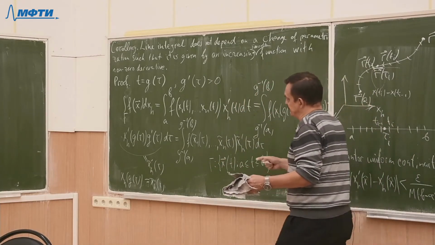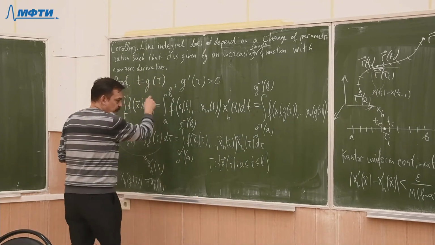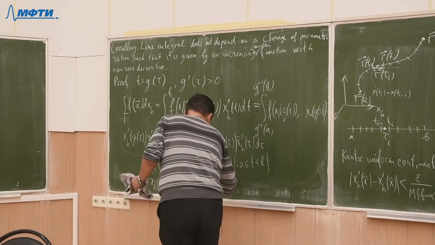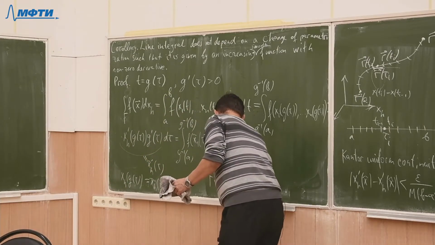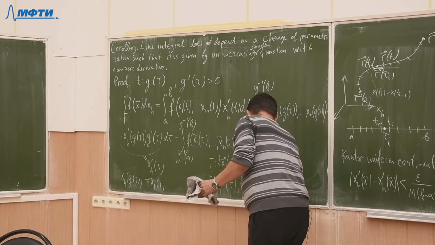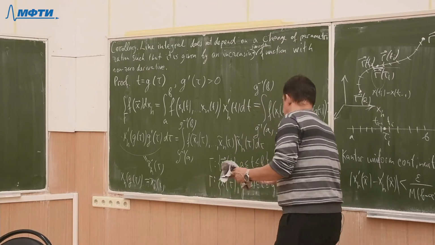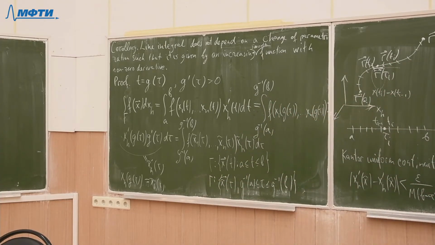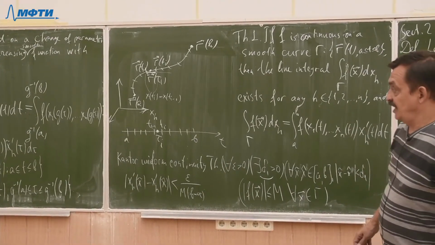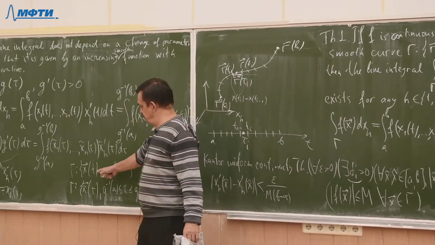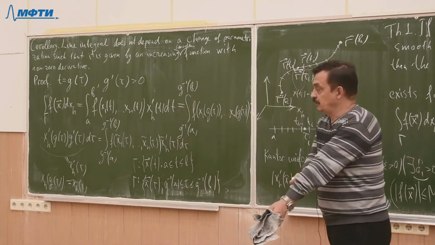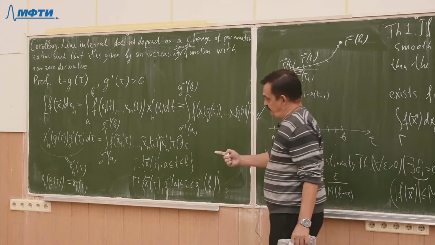Now we substitute t equals g of tau, and we have the same curve, in fact, where now we have x tilde, and the parameter is tau, which varies from g minus 1 of a up to g minus 1 of b. So we change the parameter. Instead of t, we substitute g of tau, and we obtain, like here, the same curve.